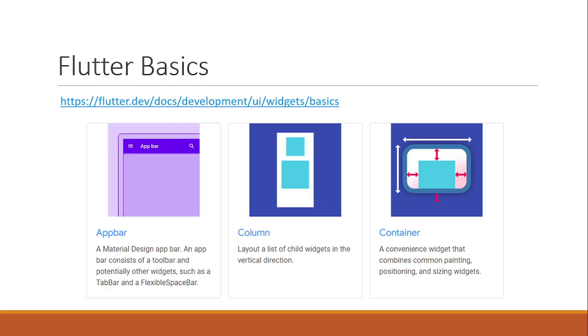So this app bar is a material design app bar. So ang design or ang feel sang application bar o sang app bar is based na siya sa material. So si app bar consists of a toolbar and potentially other widgets such as may tab bar. Di ba kung gusto nyo na may mga menus, pwede nyo siya masuplayan sang menu.